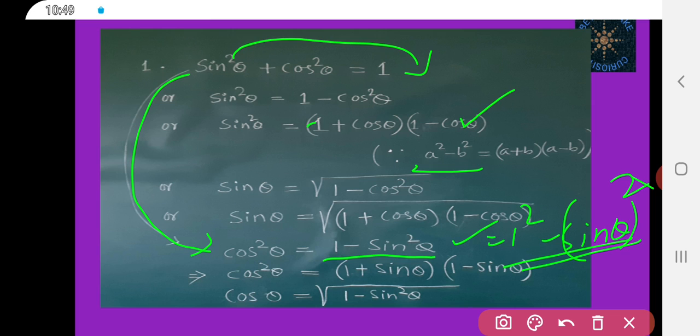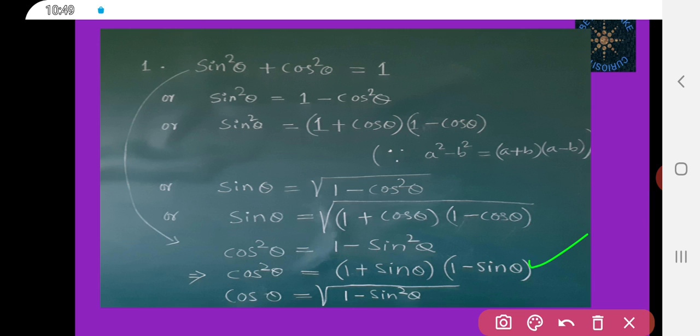Here a is 1, b is sin theta. So 1 plus sin theta into 1 minus sin theta. You can write like this using this identity. Now cos theta is the square root of 1 minus sin square theta.